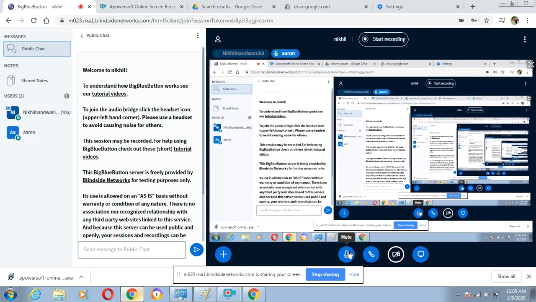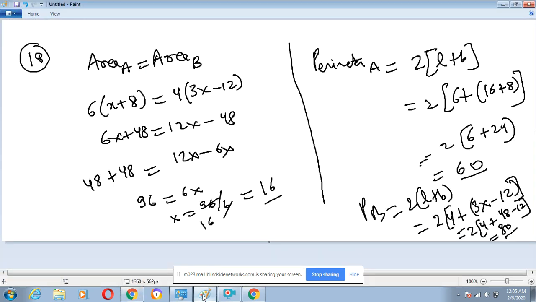Wait, have you started screen sharing? Yeah. Because we're just mirroring it. Have you copied this page? Have you copied? Wait, I just had my pencil here.